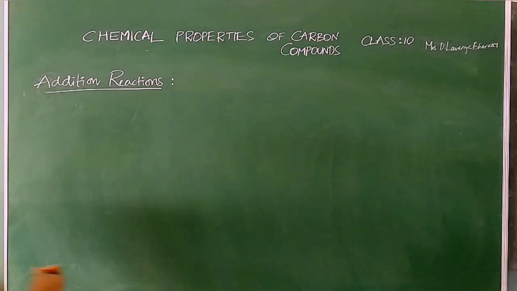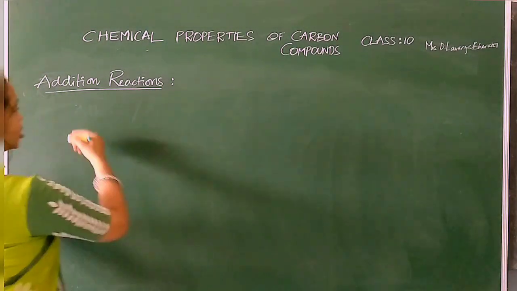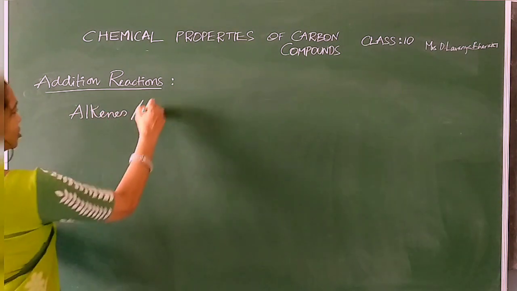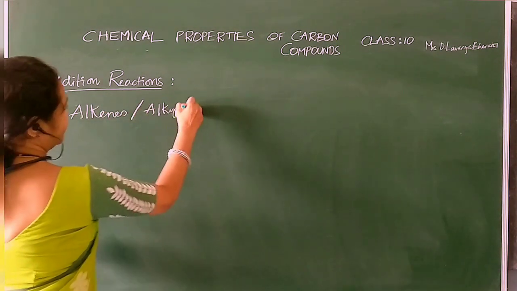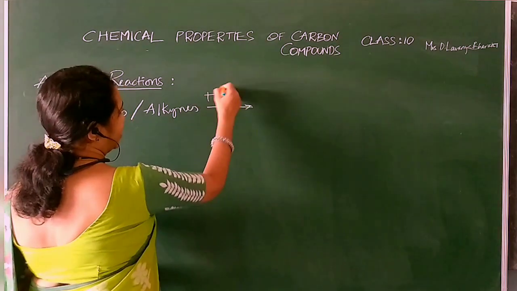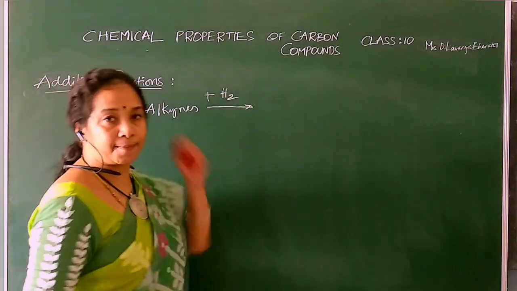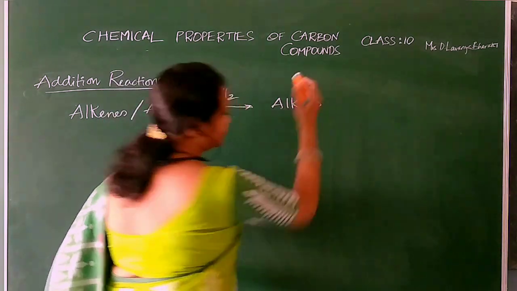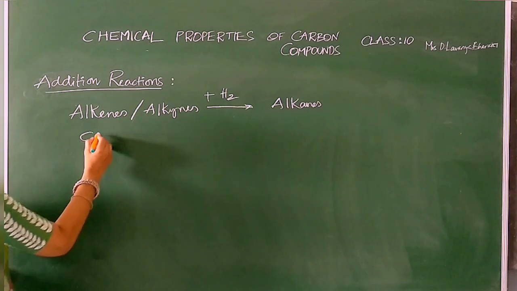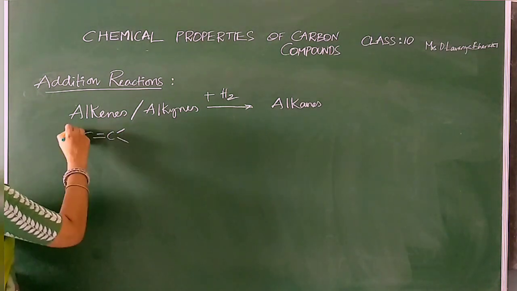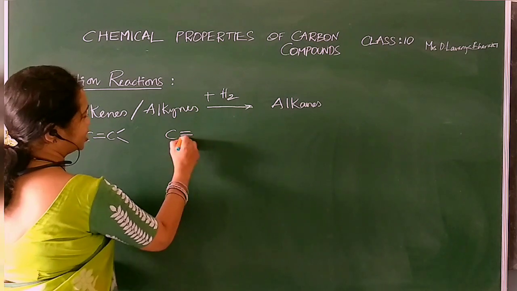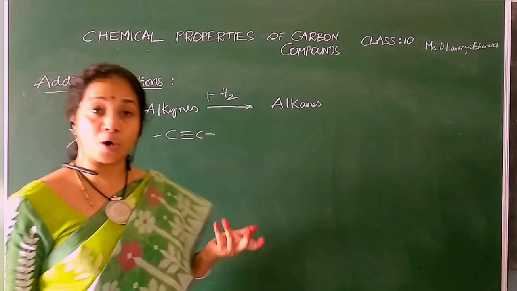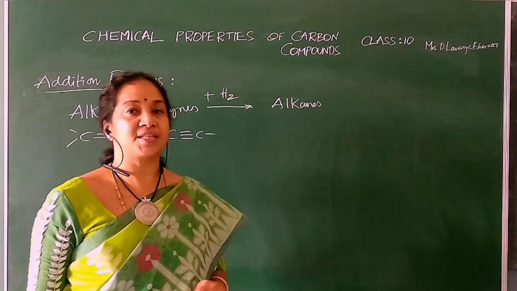Here we go to the chemical reaction. Generally, addition reactions can be understood in such a way that alkenes or alkynes add hydrogen in the presence of nickel or palladium catalyst and are converted to alkanes. Now, alkenes are represented with a double bond and alkynes with a triple bond. These have covalent bonds. There are two types of covalent bonds, sigma bonds and pi bonds.